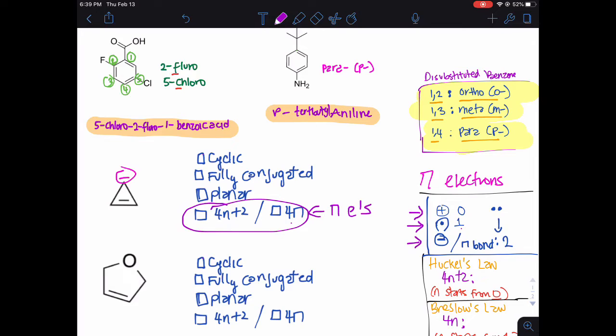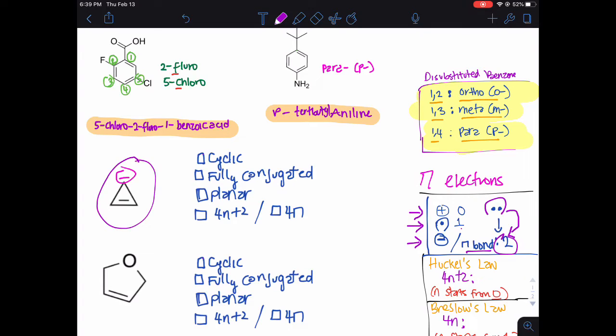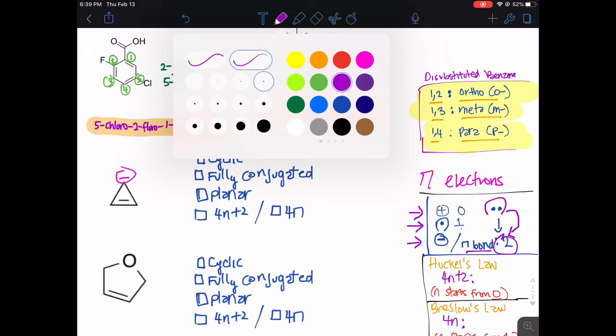When you have a negative charge or a pi bond or a lone pair, that will count as 2 pi electrons, right? So let's take a look at our first structure, and as we go on, we'll discuss more as needed. So our first structure, okay, we need to look at the criteria here. We see that it is cyclic.